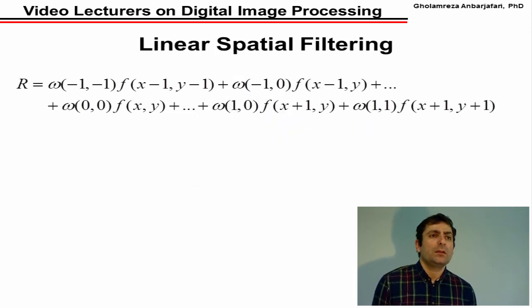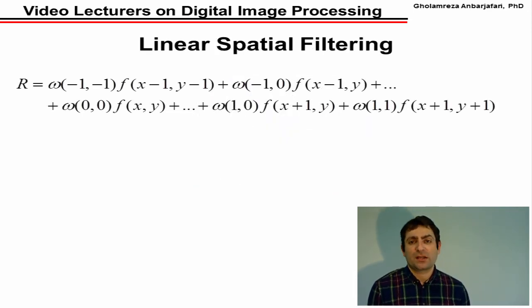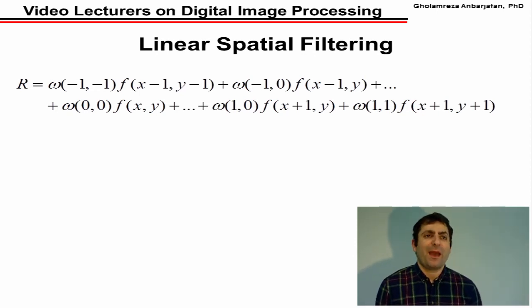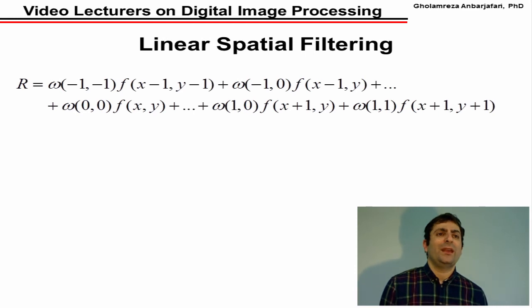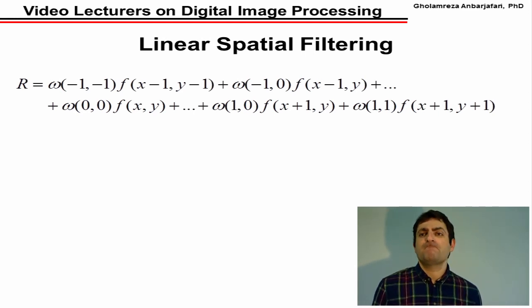Now, continuing our talk on linear spatial filtering. We are using a 3 by 3 matrix shown in the previous slides, like the convolution or the correlation one.